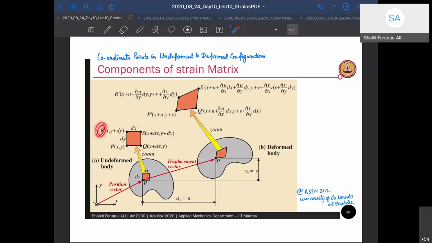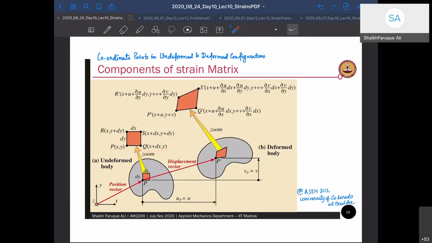For point R, it has not moved along X, but it has moved along Y, so it is X comma Y plus dy. Just look at this picture, it's not difficult to grasp. So the undeformed configuration PQRS coordinates are given as in this picture.